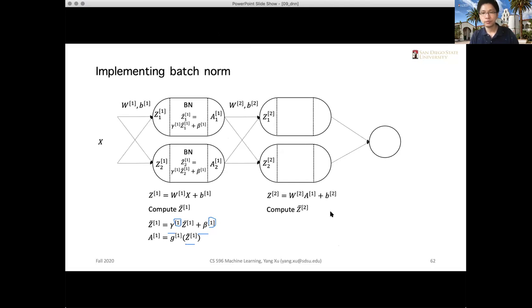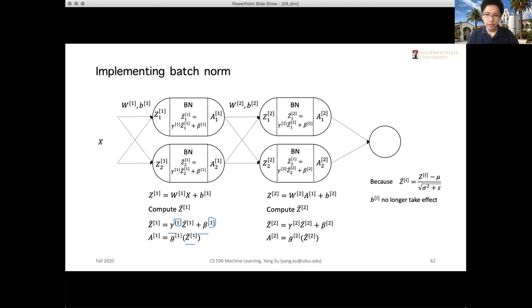And then, because batch norm exists here, we need to compute the Z bar for layer 2. And also we have gamma 2 and beta 2 associated with layer 2. So we need to compute the Z tilde using these gamma 2 and beta 2. And then the activations from the second layer will be computed.